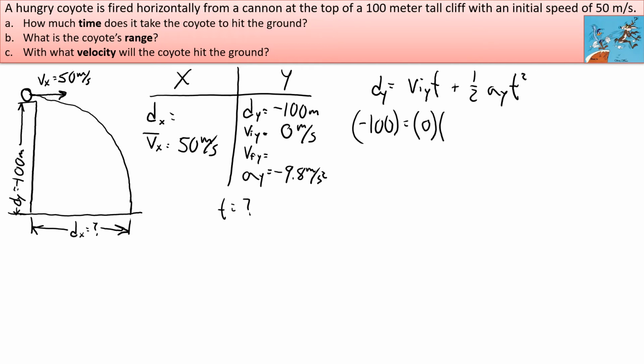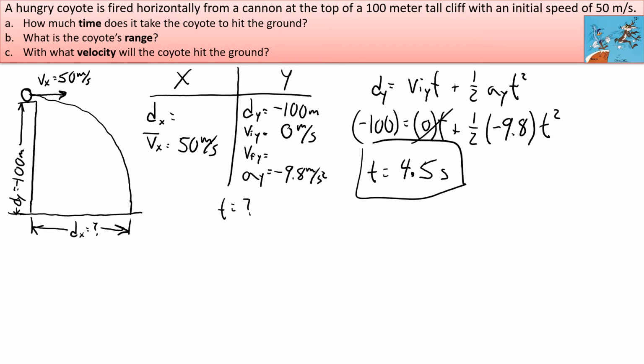So that's going to cancel with the time. Luckily, otherwise you'd have to do the quadratic equation, which is fair game for this class. And you're looking for t squared. So this goes away. You do a little algebra. And you get 4.5, really 4.517, 4.5 seconds, we'll round it, okay?